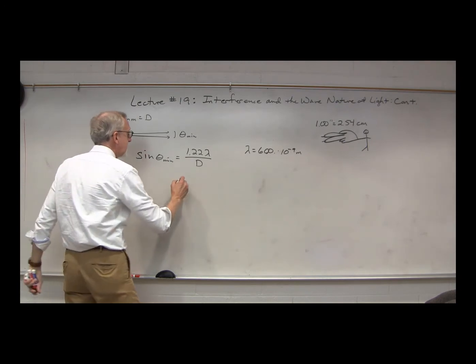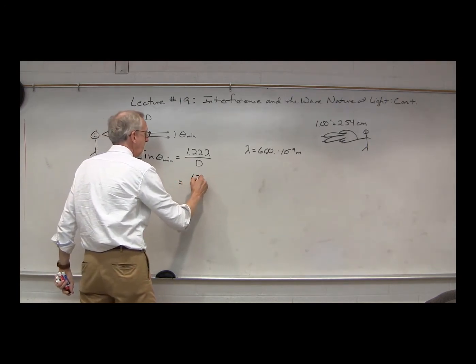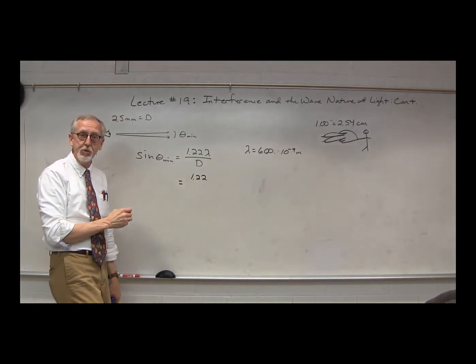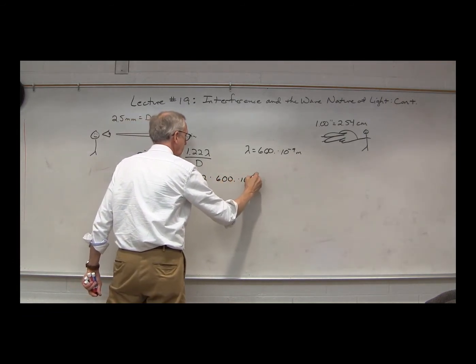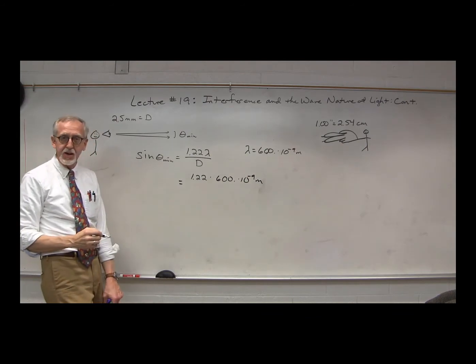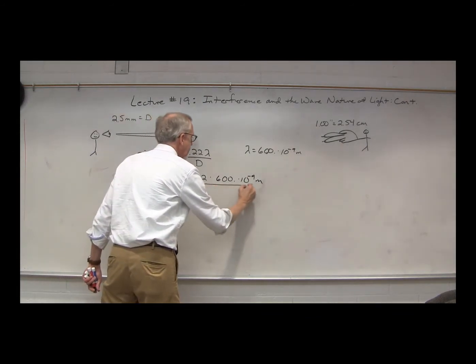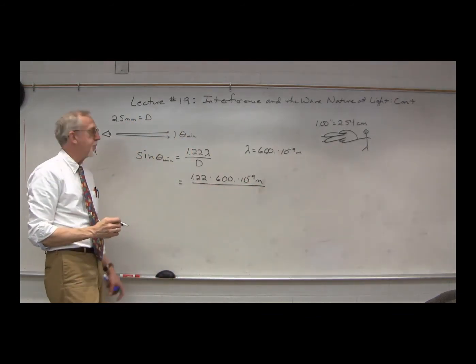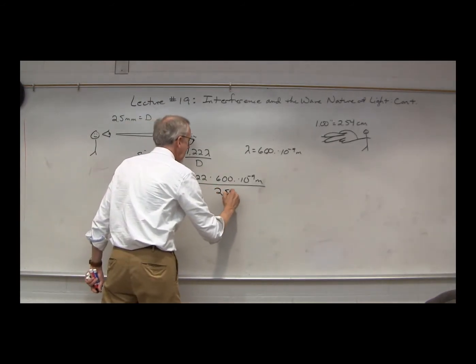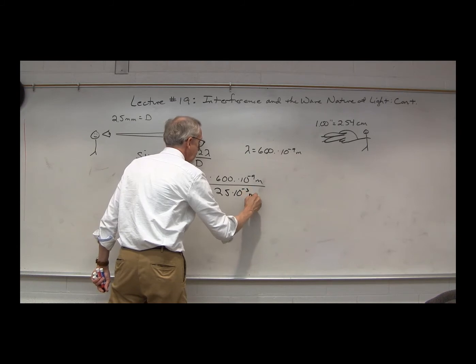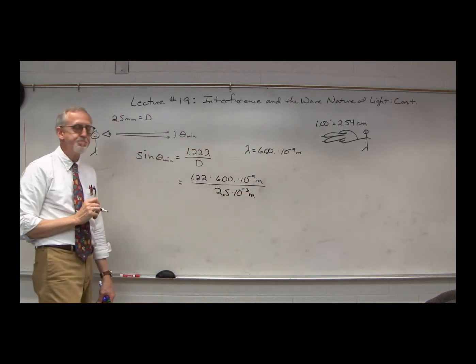So we'll have sine of theta min is 1.22 times the wavelength, 600 times 10 to the minus 9th meters, divided by the diameter of the aperture, 2.5 millimeters, 2.5 times 10 to the minus 3 meters.